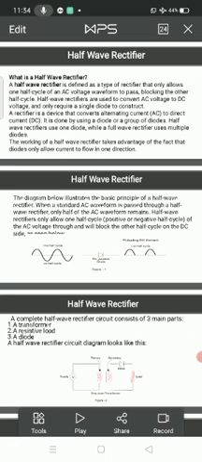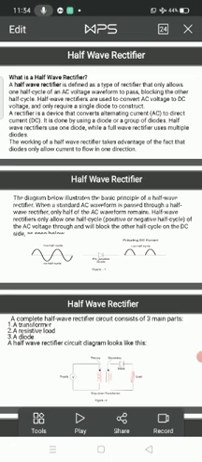The rectifier we are using converts AC voltage to DC voltage, and we give the AC voltage as the input. See here, when a standard AC waveform is passed through a half wave rectifier, only half of the AC waveform remains.